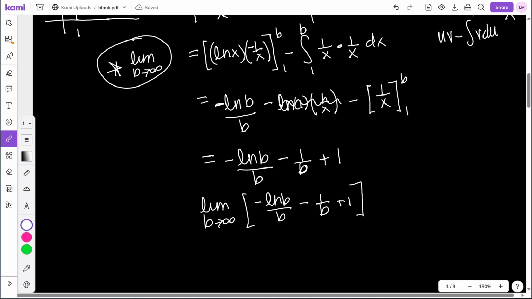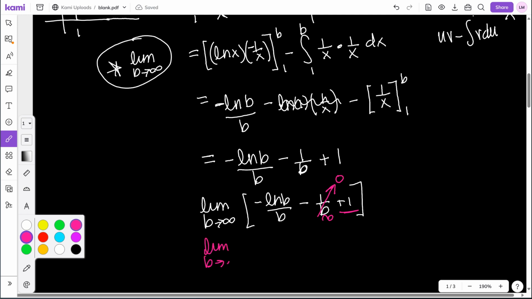All right, so now I'm going to plug in infinity. Well, I know as I plug in infinity down here, this fraction is going to 0. This number is not affected because there's nothing to plug in, so that's just going to be 1. So what about the limit as b approaches infinity for negative natural log of b over b?